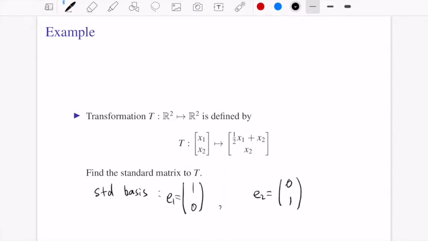Then what is T(e1)? T(e1) is half of the first coordinate plus the second coordinate, which is 0 here, and the second coordinate does not change. And T(e2), similarly, we have half of 0 plus 1, which is 1, and 1. So the standard matrix A here is 1, half, 0, and 1, 1, which gives a 2 by 2 matrix.